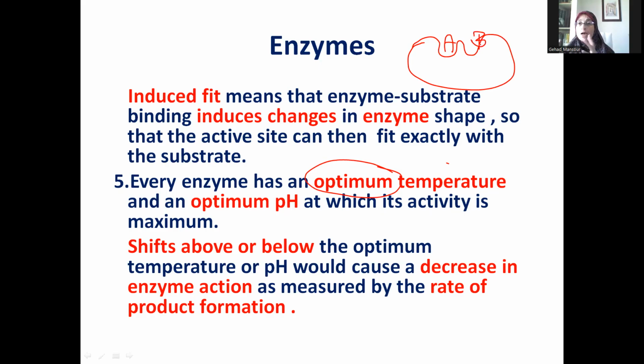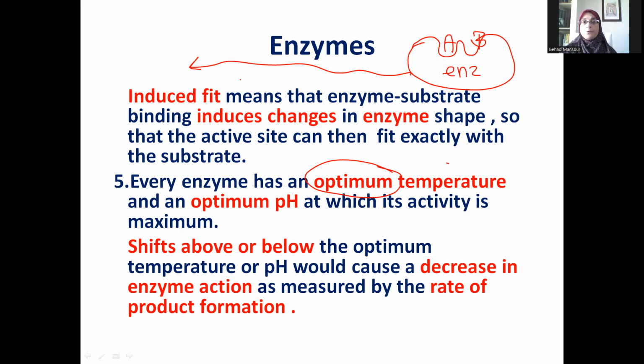If you have drastic changes in temperature, like when you are feverish, then the enzyme molecule will change its shape, and it would be no more capable of accommodating the substrate.